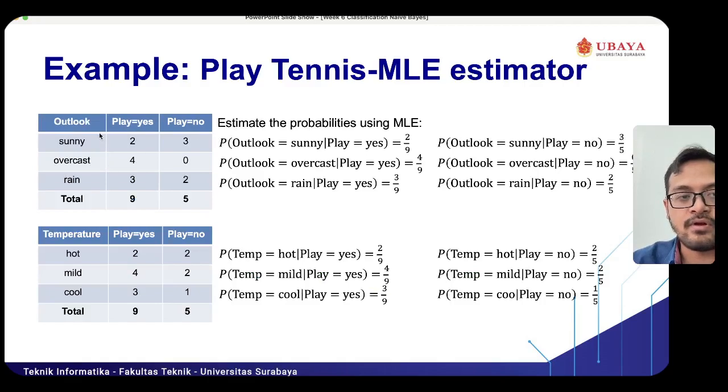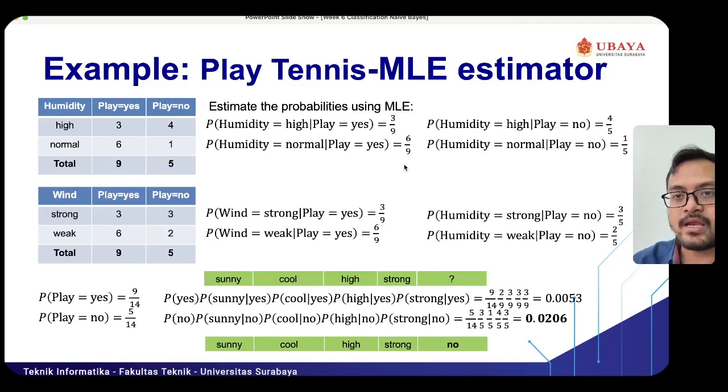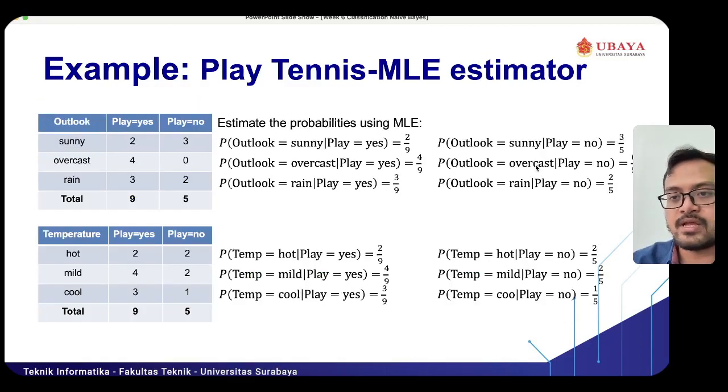For Outlook condition equals overcast, 4 and 0, this becomes 5 and 1. Why do we add one here? Because there is a probability that the MLE estimator will result in a 0 value. For example, Outlook equals overcast and playing equals no. The probability of Outlook equals overcast given playing tennis equals no will be 0.